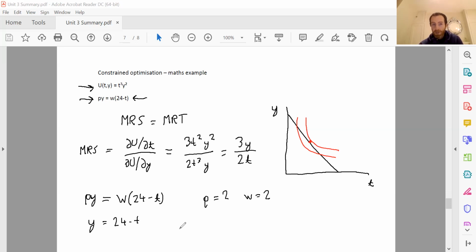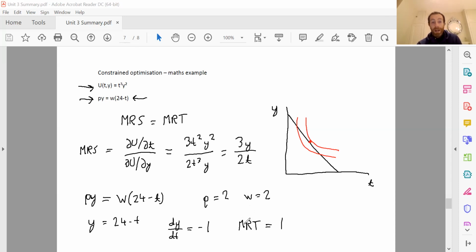Or another thing I can do is differentiate. So to find the slope, I can do dy by dt, and that's going to give me -1. And so the marginal rate of transformation is going to be equal to the modulus, the magnitude of this, so it's just equal to 1.